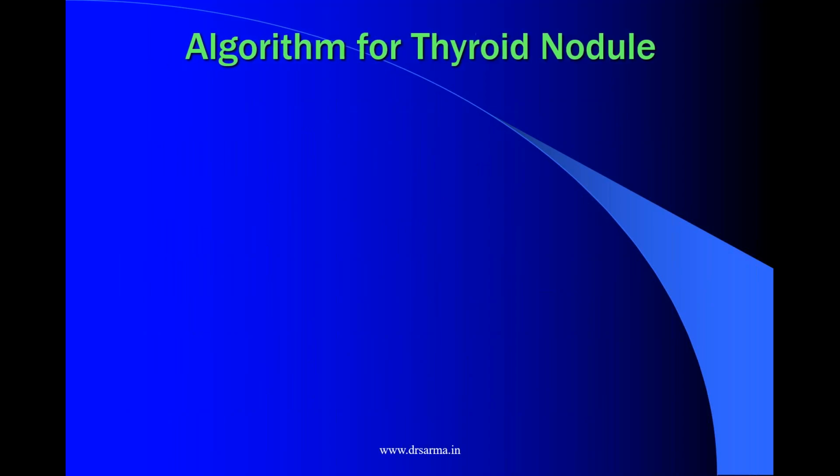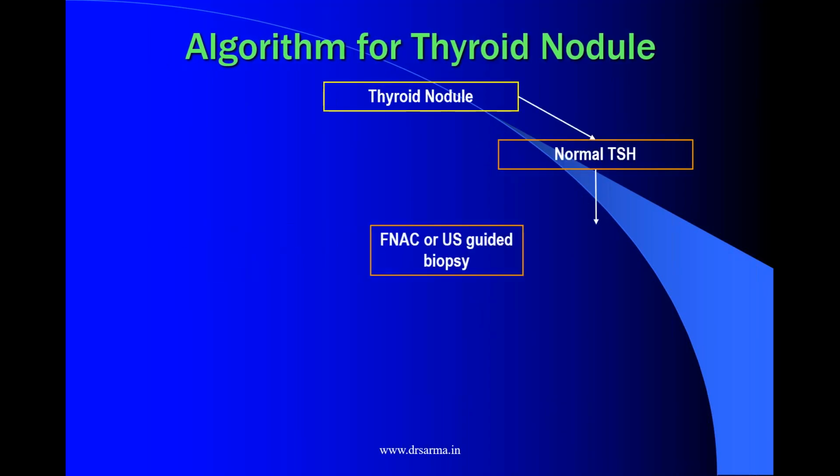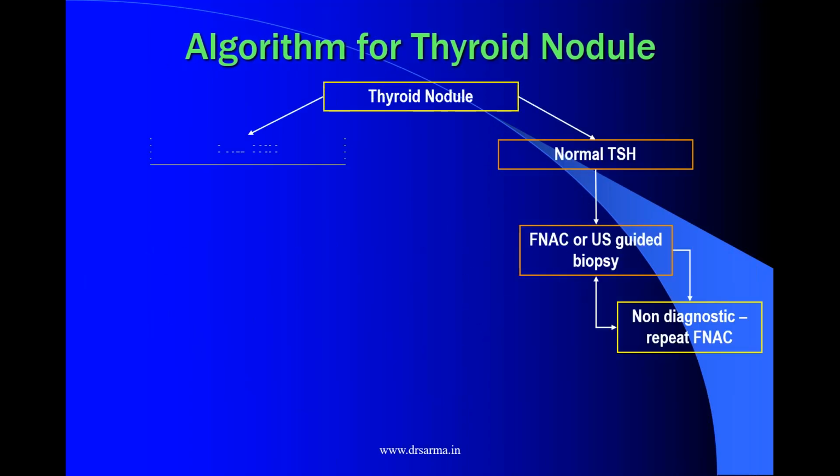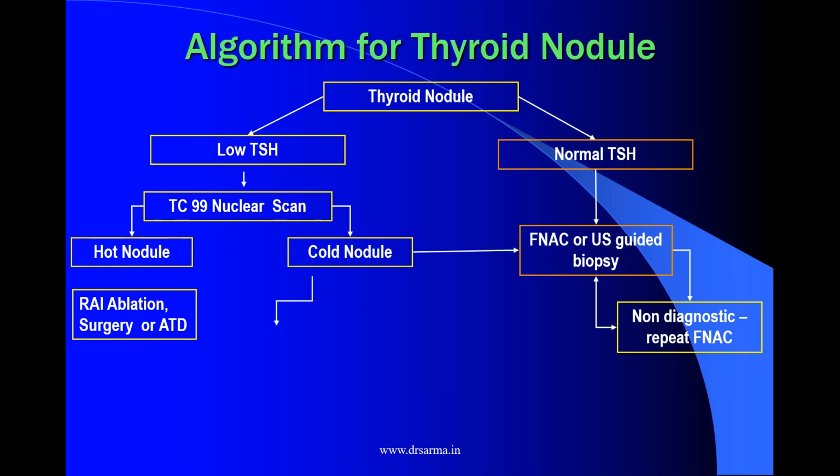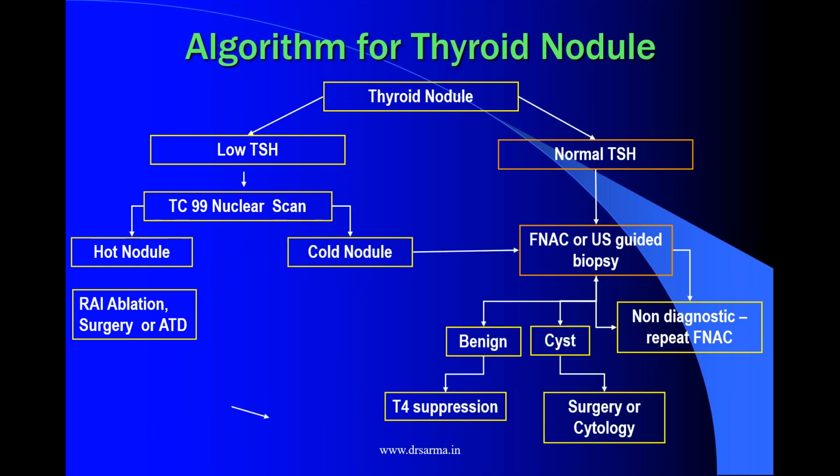This is the algorithm of a thyroid nodule that I have already described in the text. If TSH is low, you will get a technetium scan, you'll have a hot nodule, and then I have already described that.